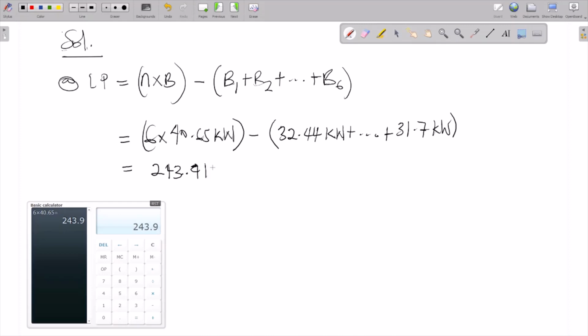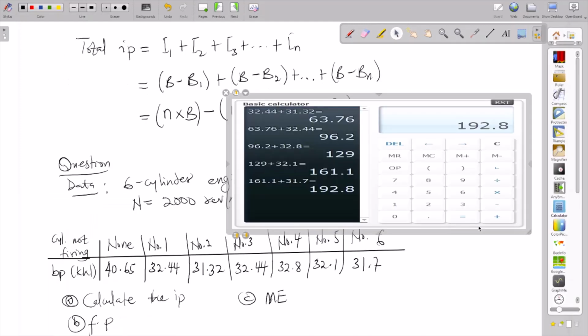The answer is 243.9 kilowatts, minus the sum of everything else when the cylinders have been cut off, 192.8 kilowatts.